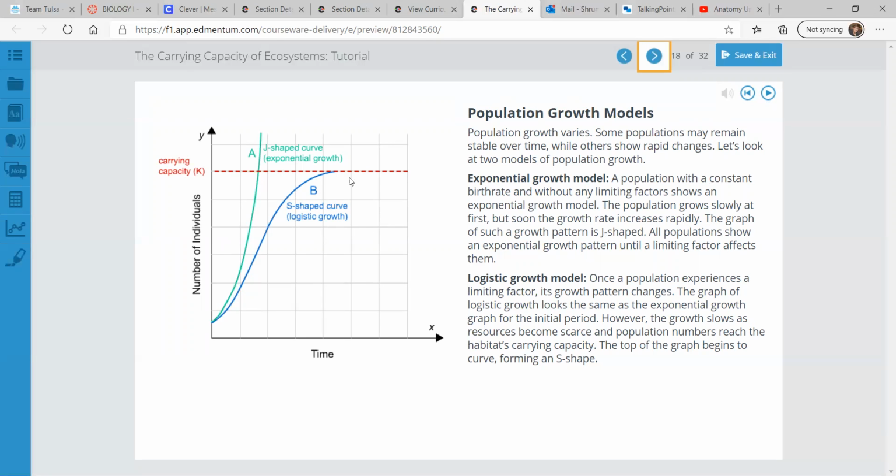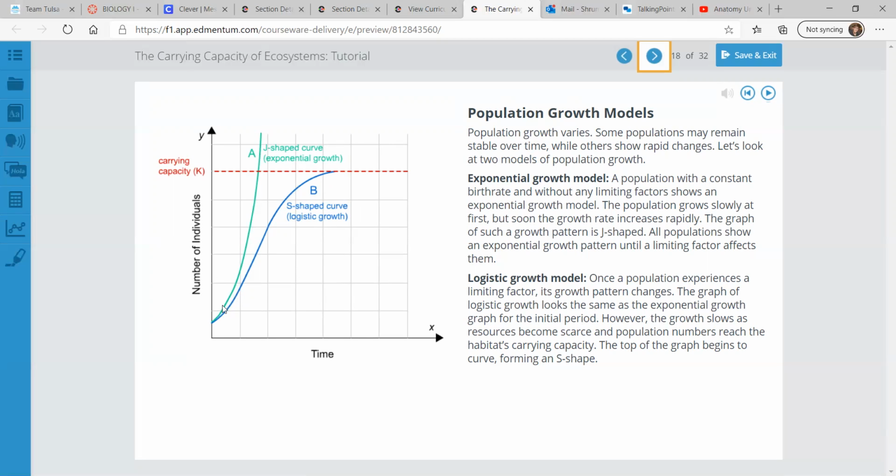Now, another example is this S-shaped curve, and that is logistic growth. Once a population experiences a limiting factor, its growth pattern changes. The graph of logistic growth looks the same as the exponential growth for a certain period of time.